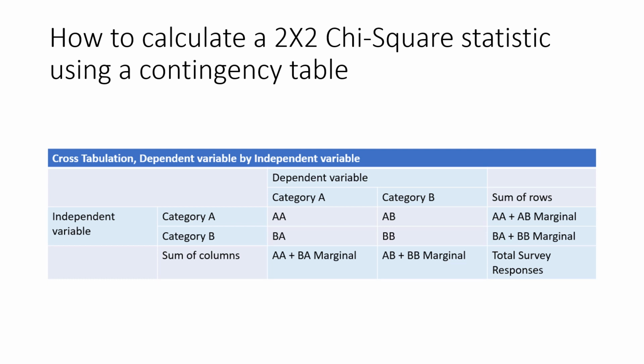And what these cells represent are the cases in your sample that fit at the intersection of the categories of your independent and dependent variables. Okay, so with this framework in mind, let's now move on to look at an example with actual data involved.